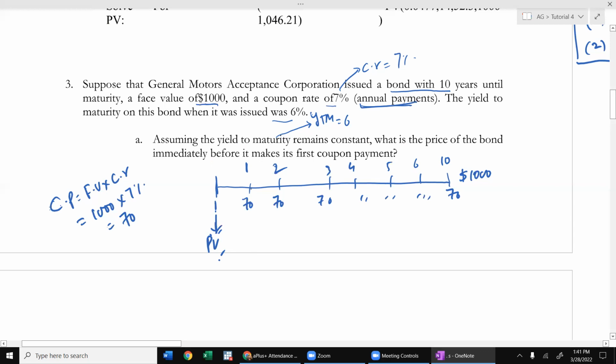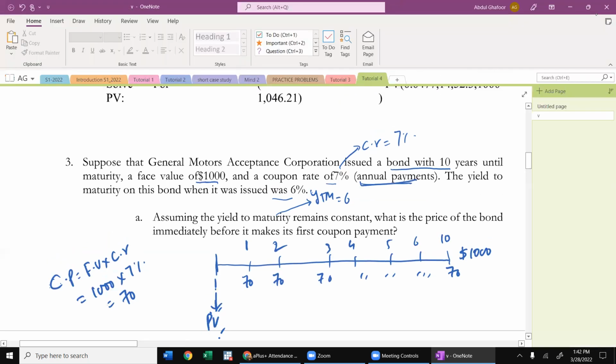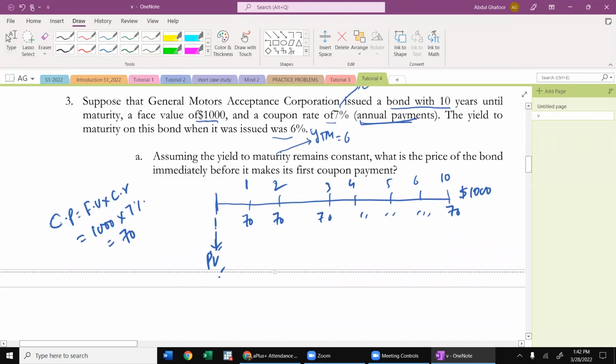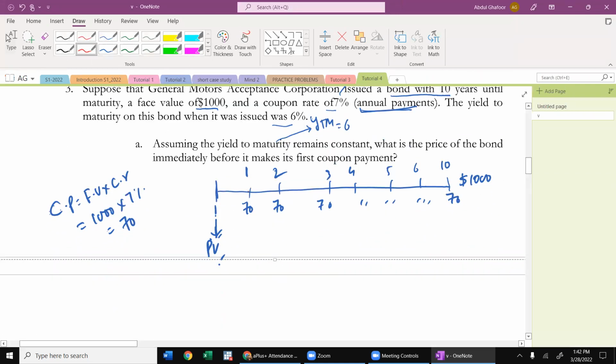Immediately before means, let me draw that here in a different color. This is the time when this payment will be paid, and I'm just standing here. Next moment I'm going to get the 70.